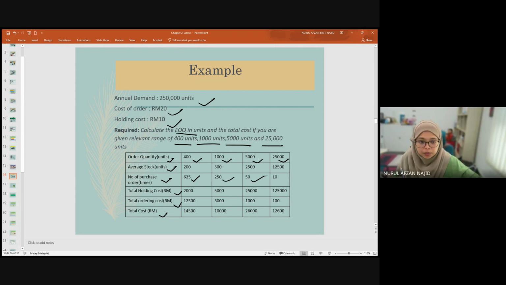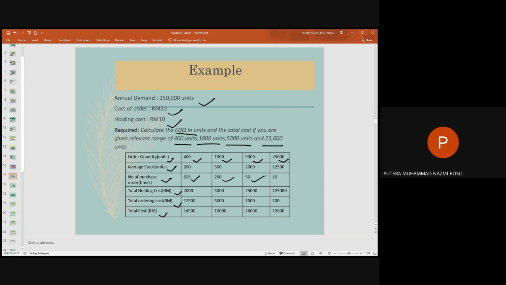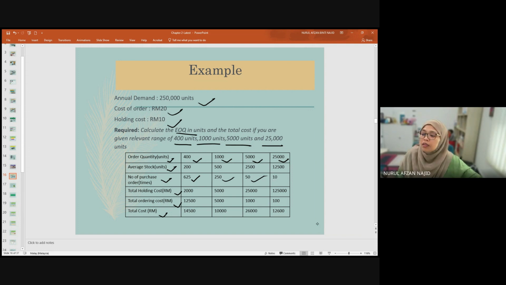Kenapa you cakap 1,000 unit? Sebab total cost dia yang paling rendah. Good, Putra. This is what we need to determine. Okay. You tak boleh paling, yes, good. Dia kena tengok total cost dia. Okay, so daripada empat-empat ni, 1,000 yang paling minimum.